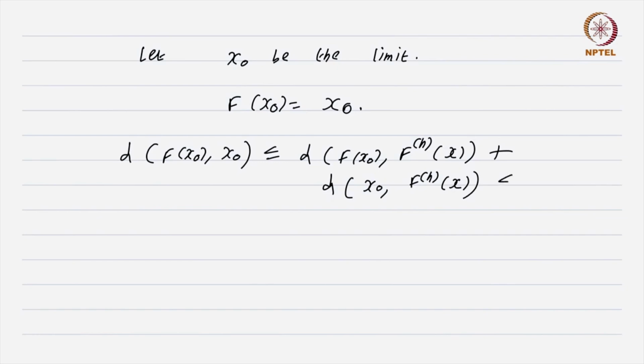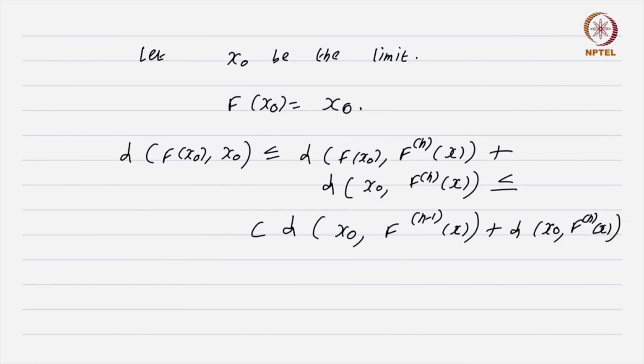And this is less than or equal to c times d(x naught, f^(n-1)(x)) plus d(x naught, f^n(x)).